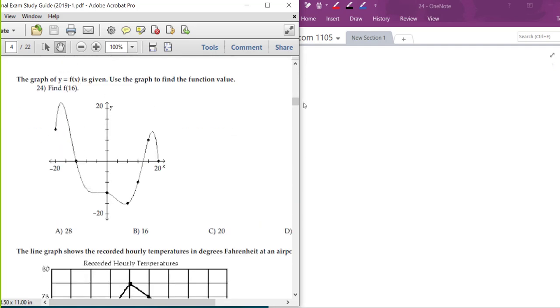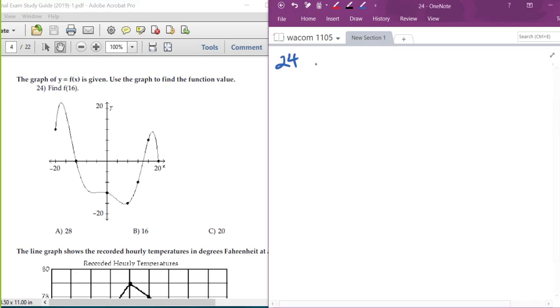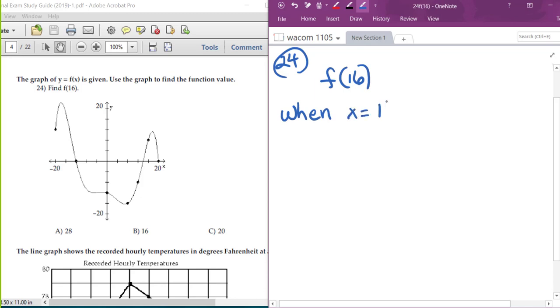Right, so if you're given a picture and we are asked to find f of 16, this is saying to you, when x equals 16, what is y? So you have to know that that's what it's saying. And this scale is not 1.